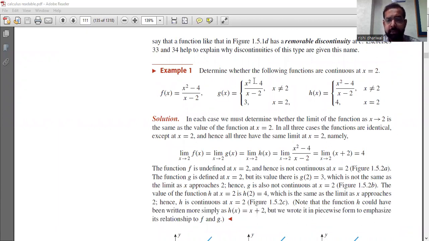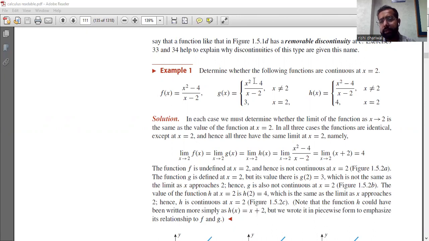In this case, we must determine whether the limit of the function as x approaches 2 is the same as the value of the function at x = 2. In all three cases, the functions are identical except at x = 2.